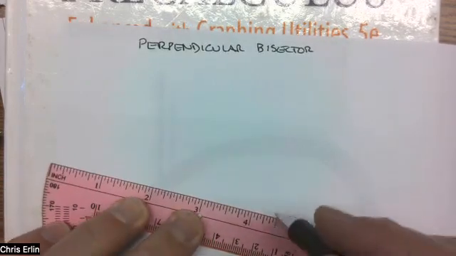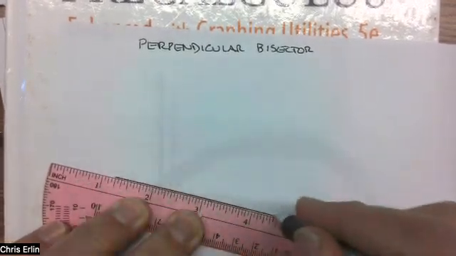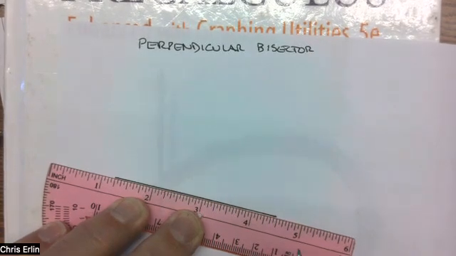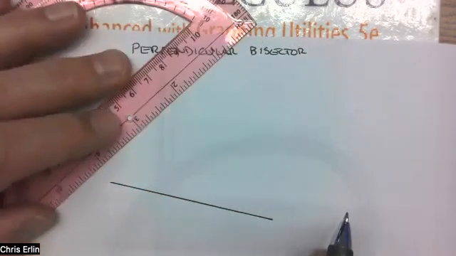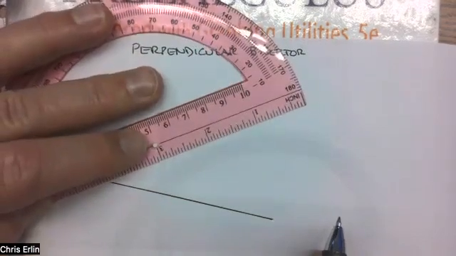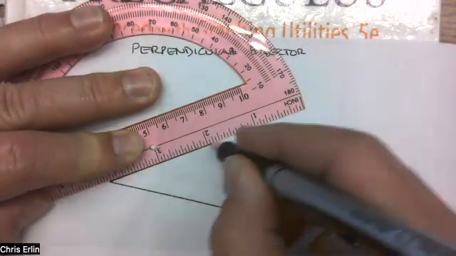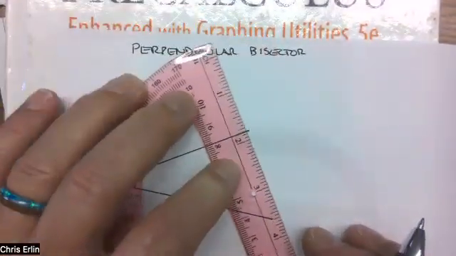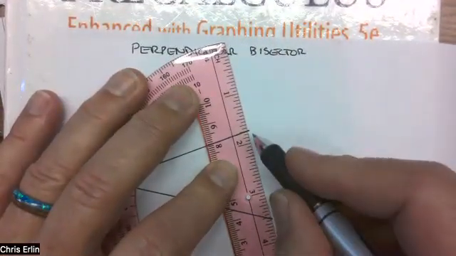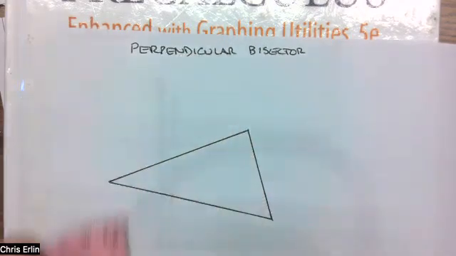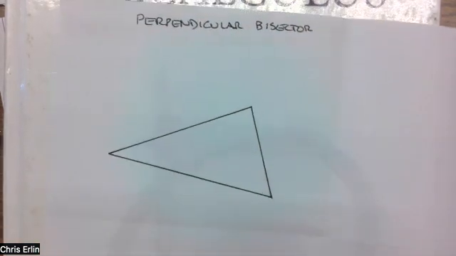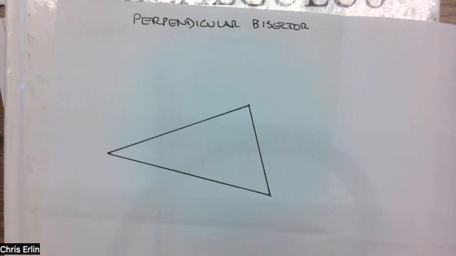And then draw yourself a triangle. I want you to use a straight edge. I want you to be very precise with it. And do not make it an equilateral triangle. You can make it right or acute or obtuse. Many choices. Just don't make all three sides the same length.